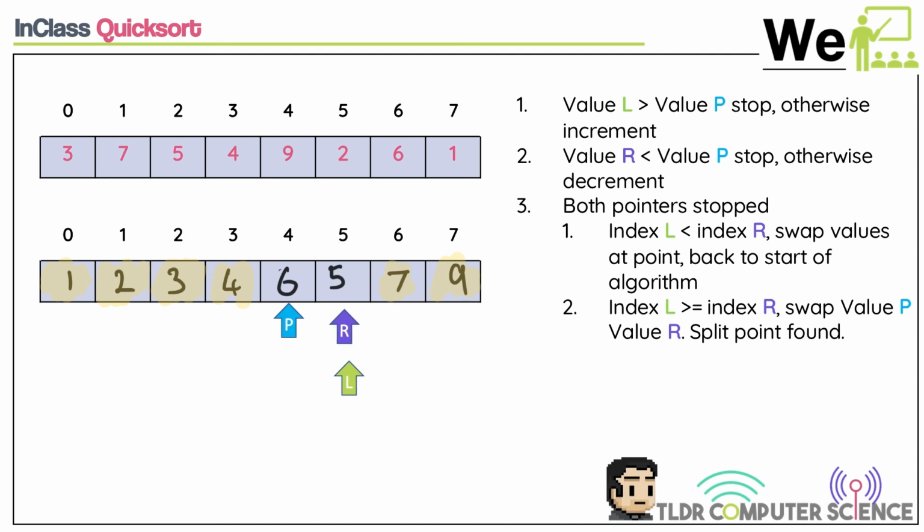In this context, 5 is less than 6, so we stop, and so we swap the item over here, 6 with 5, and so now we've got 5 and 6, establishing that 6 is in the right position, but also, because we've only got a single item left for 5, it is also in the right position. And there is how we do a quicksort.